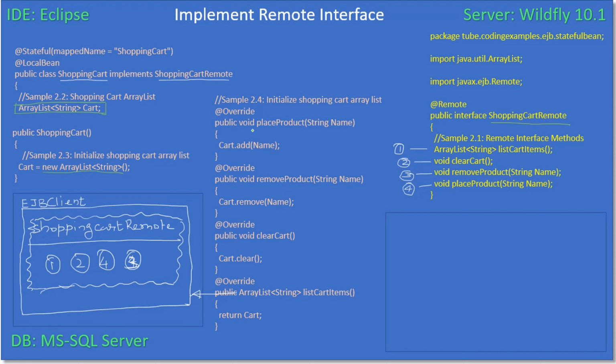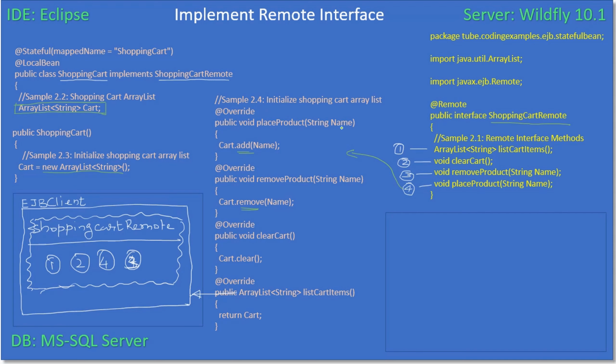Next, since it's an ArrayList, we simply use the ArrayList functionality for placeProduct. This is the function. placeProduct is implemented, and for it we are simply calling the add method of our ArrayList. Similarly, here we are using remove.